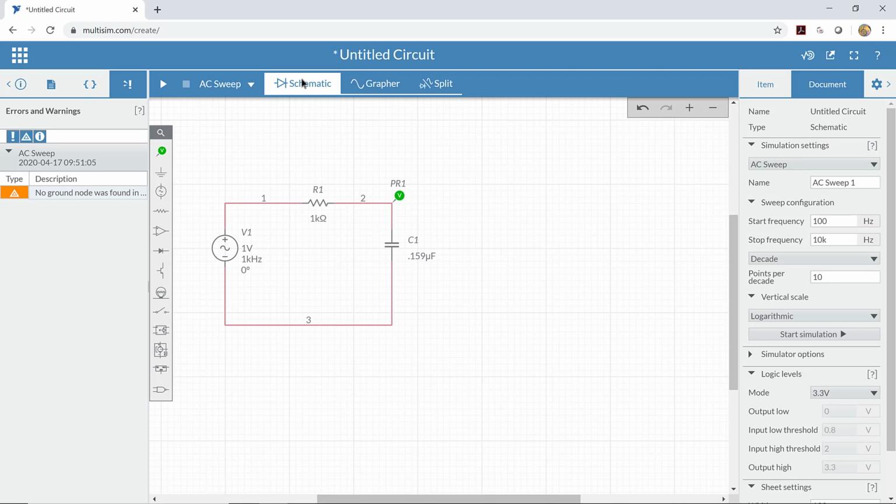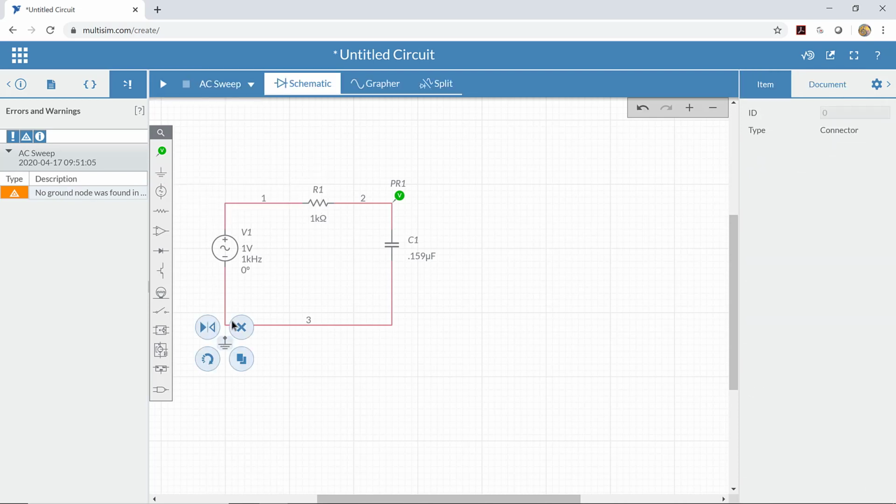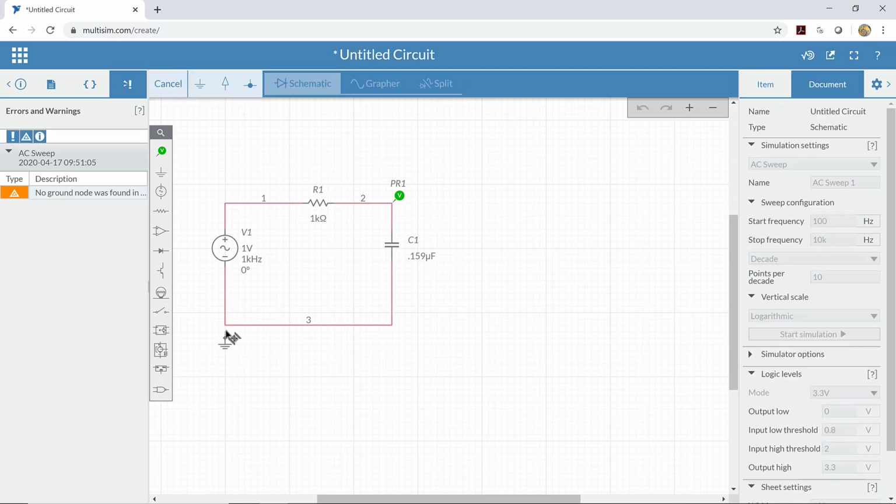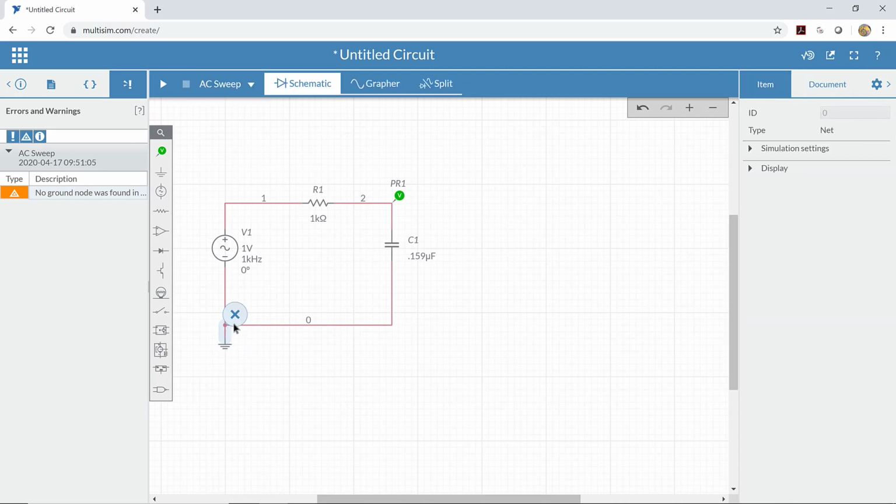Oh, okay. I see. Over in the error, it says no ground node was found. Okay, so that's a problem. So we need to tell it where 0 volts is so that it has something as a reference. So I'm going to put that there, and then attach that. Now let's run that AC sweep again.